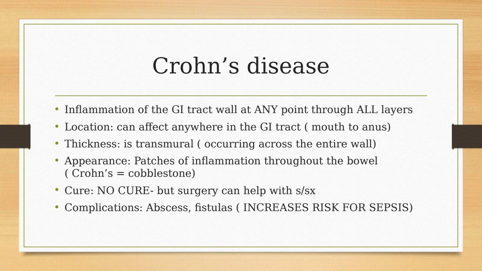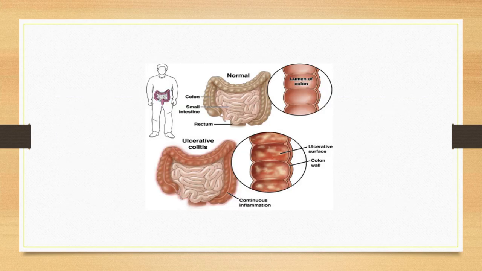So when I teach you cobblestone, think Crohn's disease. So if you ever think of a cobblestone road or a pathway, you also can Google images and look at Crohn's disease. It's a cobblestone appearance versus, let me go back a couple, where you have here the ulcerative surface is more of an inflammation and doesn't have cobblestones.